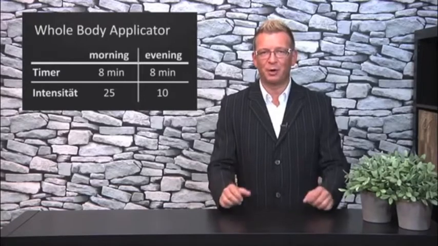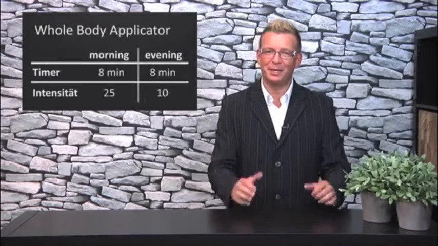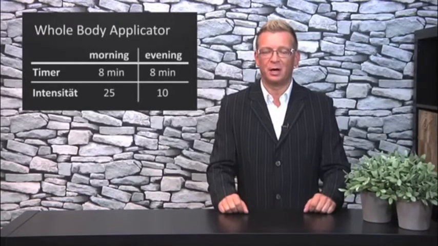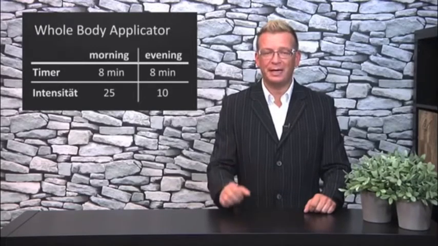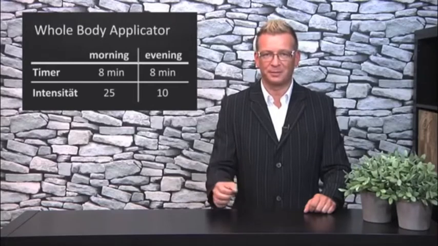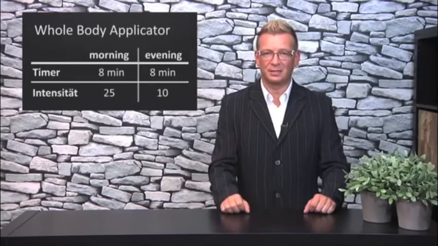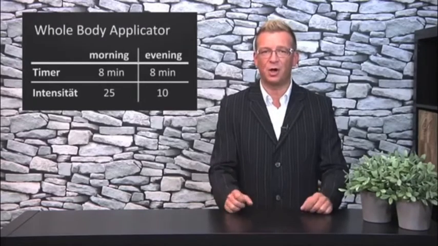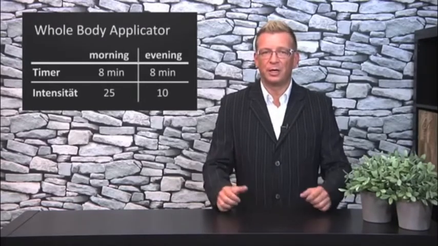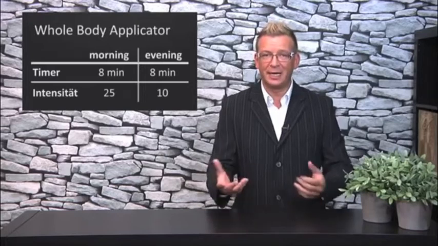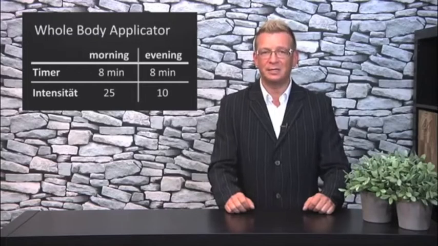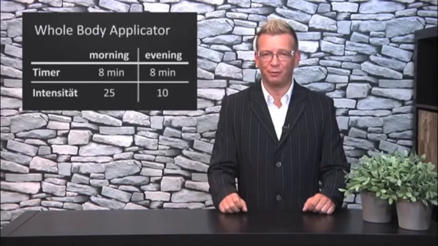So again, with a whole body applicator, in the morning 8 minutes, intensity 25, and in the evening 8 minutes on intensity 10. You do that at least for 2 to 4 weeks. Only in case, which we don't expect, that there is no reaction at all, that means your subjective feeling using the iMRS doesn't change at all, you can change the setup to the following.